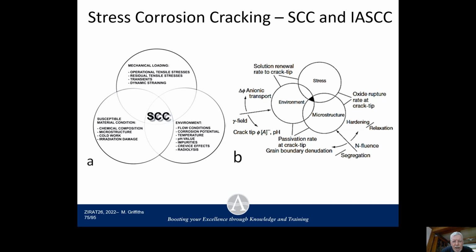If you're irradiating, you get a whole bunch of other additional factors, not least irradiation hardening and chemical changes, and also in terms of the corrosion, you've got the effect of the ionization from the gamma rays.